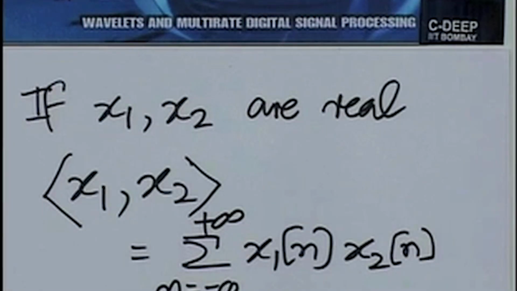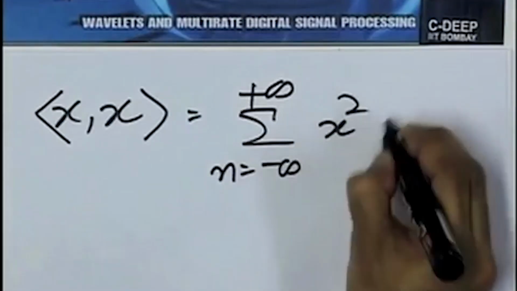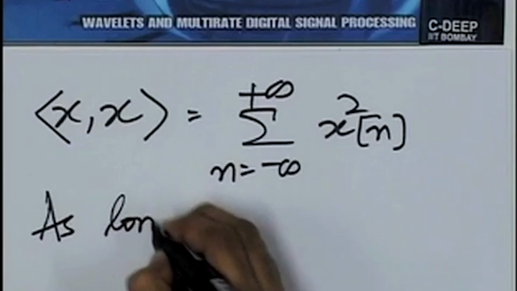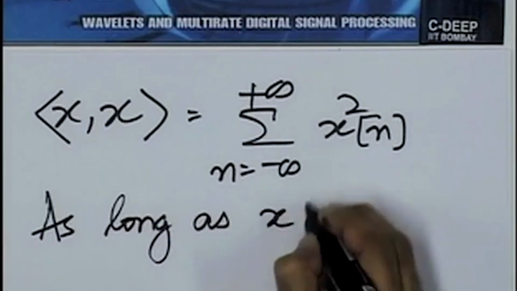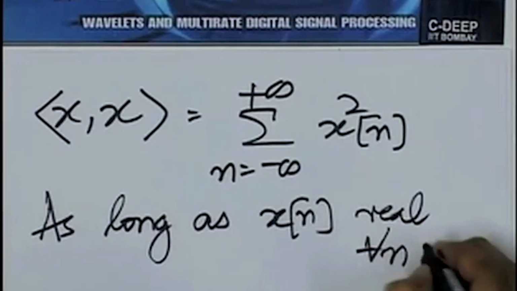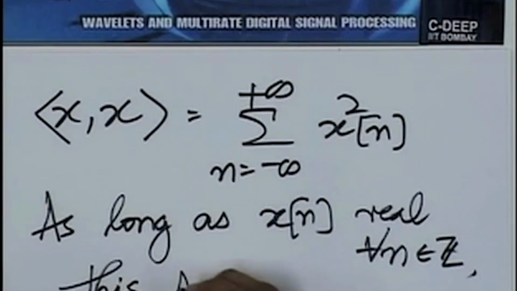then the dot product of x with x is essentially summation n running from minus to plus infinity, x squared n, and as long as x n is real for all n belonging to z, this satisfies the requirements of norm.